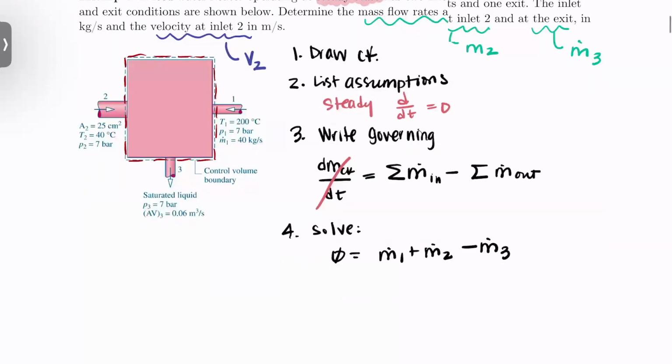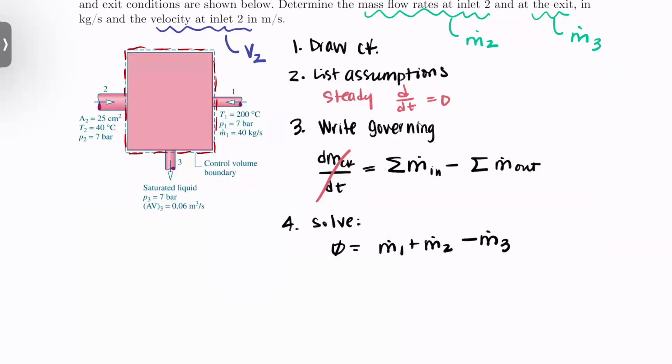Okay, so let's have a look at what we're given here in our picture. We have that the temperature is 200 degrees C at inlet 1, and the pressure there is 7 bar. That conversion is 7 bar is 700 kPa.